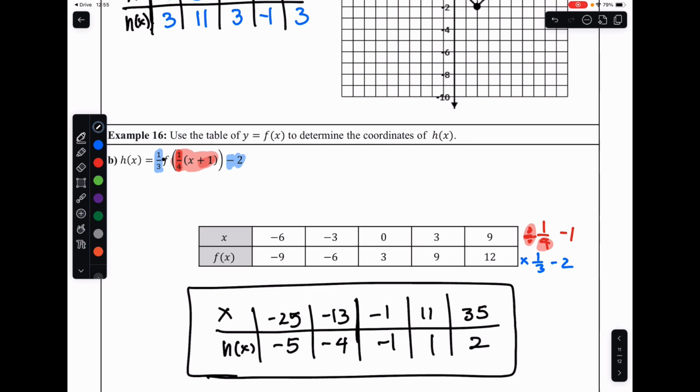For example, ignore the 1/3 and the 2, and let's say I have f of 1/4 x plus 1/4. This is not the way you want to look at the problem to determine what the horizontal dilation and the translation are going to be.